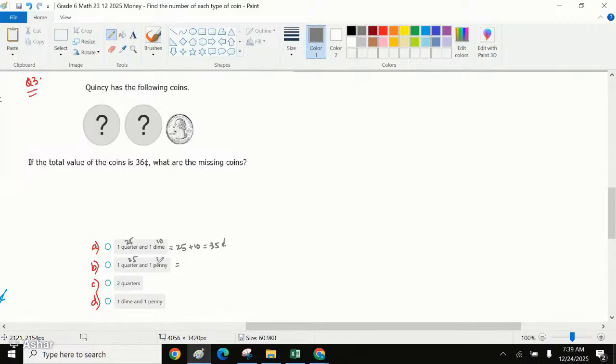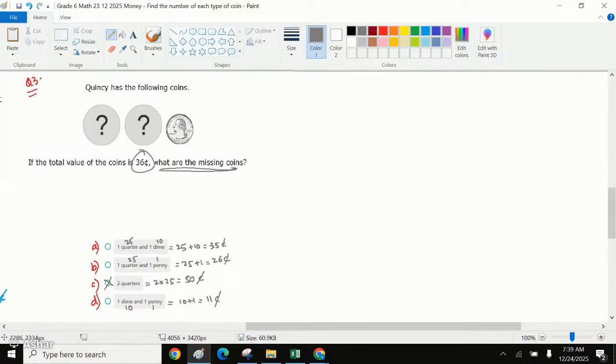That is 25 plus 1, that is 26 cents. What are the missing coins they're asking? They're not asking us about the total coins combination. 2/4 would mean 2 into 25, that is 50 cents, which is impossible because the total is 36 cents. 1 dime, 1 penny. That means 10 plus 1 is 11 cents.